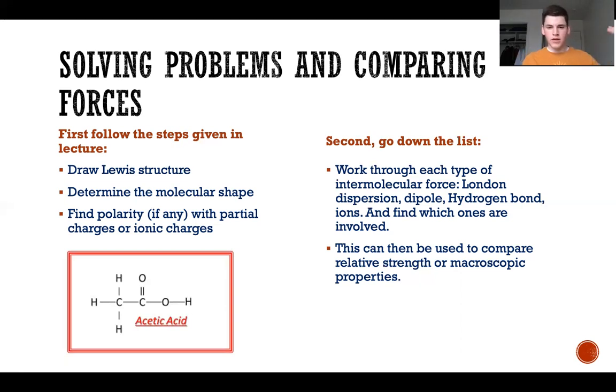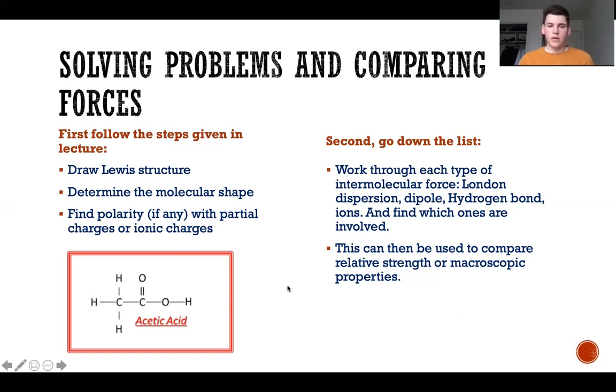So then if you look back at your list of what you've done, we checked off London dispersion, we checked off dipole to dipole, and we checked off hydrogen bond. And you can see the furthest down we got, or the strongest we got, was hydrogen bond. And so we can determine that the strongest force going on here is our hydrogen bonding. And then sometimes a question may ask how this relates to relative strength or macroscopic properties.